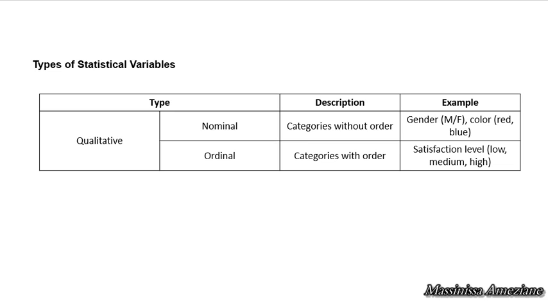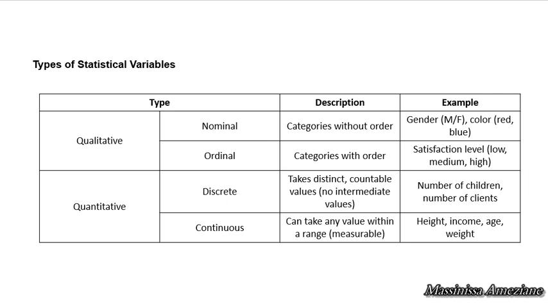Now the second type of statistical variable is the quantitative, which describes a quantity or an amount that can be measured or counted, unlike the qualitative, which cannot be counted. The quantitative is also divided into two different types.